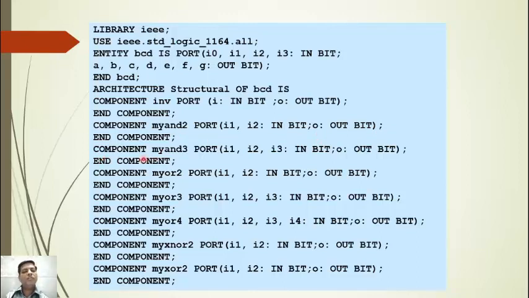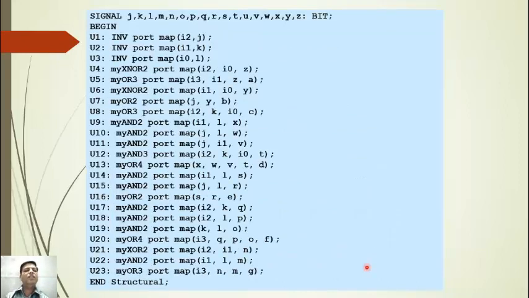Then the third component my AND 3, similarly port I1, I2, I3 in bit, O out bit, end component. Then the OR gates, whatever the number of OR gates, we define all of them here. Then the XNOR gate and then the XOR gate. Here all the components are initially declared in the architecture.